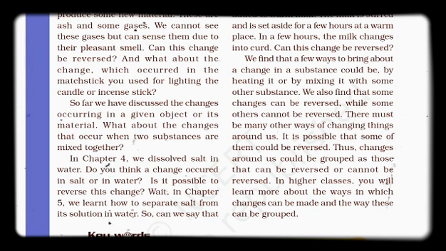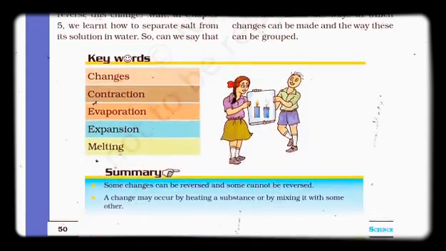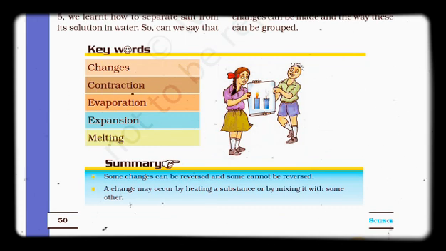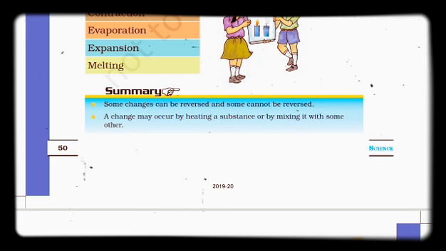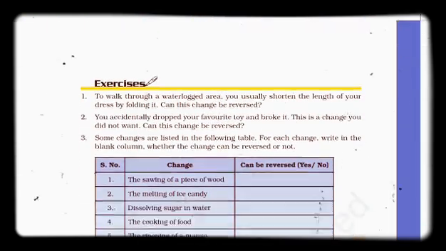In higher classes you will learn more about the ways in which changes can be made and the way these can be grouped. The keywords are changes, contraction, evaporation, expansion, melting. See, we can read the summary too. Some changes can be reversed and some cannot be reversed. A change may occur by heating a substance or by mixing it with some other.